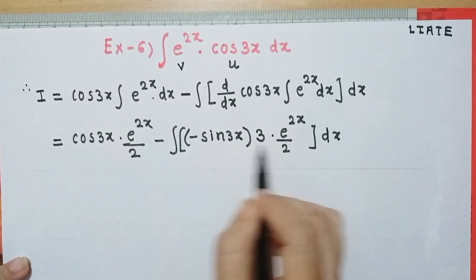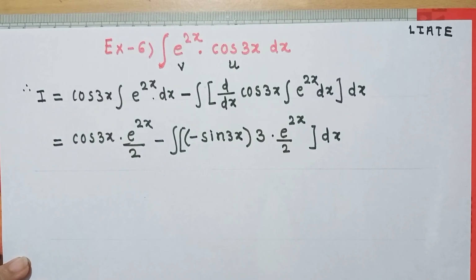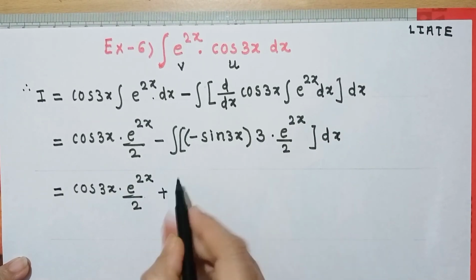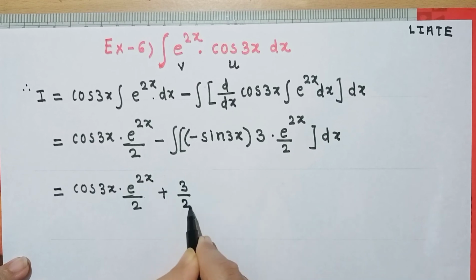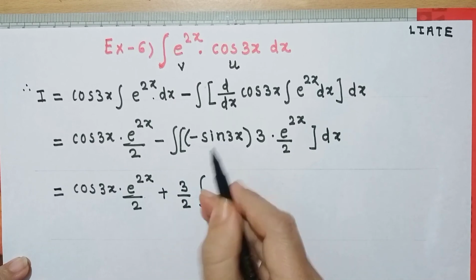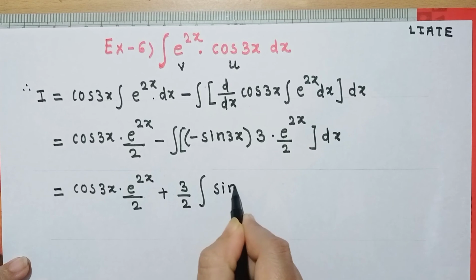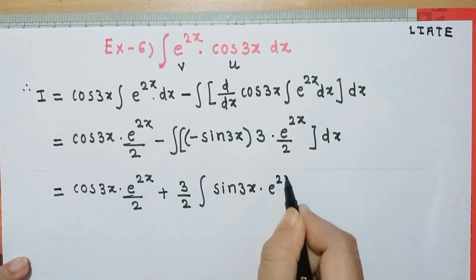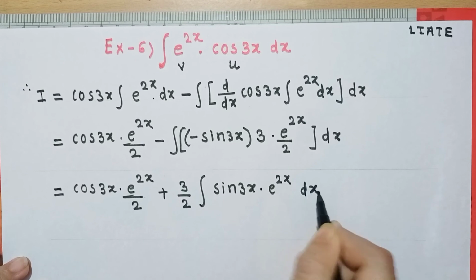Now we can take this 3 by 2 outside. Check here, this is minus minus plus, then we are taking this 3 by 2 outside, integration. Now what is remaining? This is sine of 3x and e raised to 2x into dx.